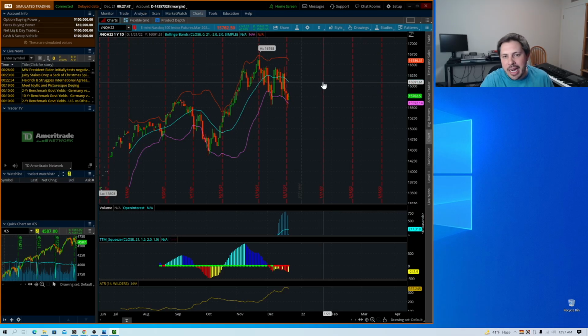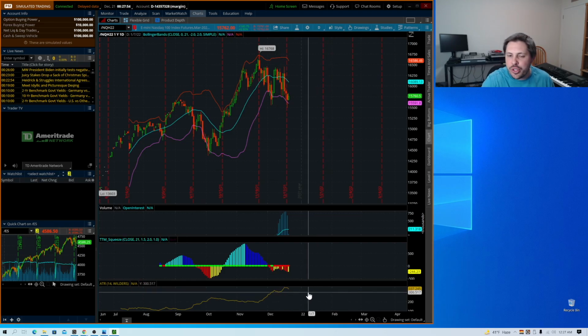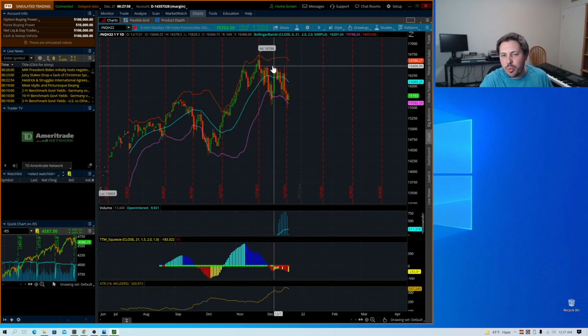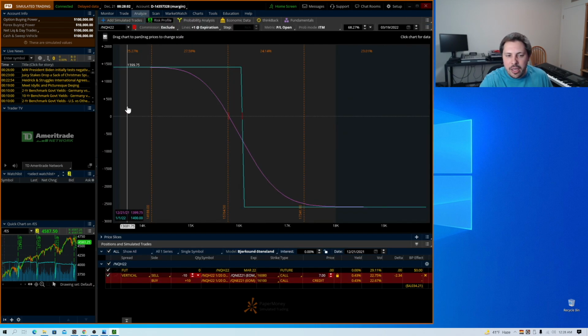By doing that, I've selected strikes that are over this mean value, outside of this average true range, with a pretty strong reversal pattern and this volatility squeeze. And now we've set up this trade where you're risking $2,600 to make $1,400.